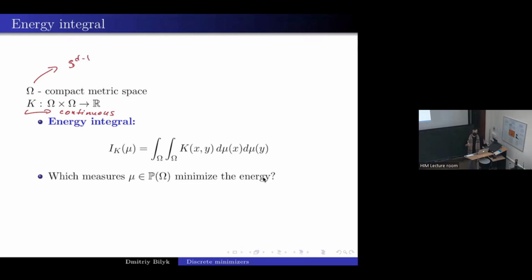If you put electrons on the sphere, you expect that they would locate themselves uniformly. However, as the title suggests, I want to talk about the other extreme case. There are some situations where all of a sudden minimizing measures live on much smaller sets, and in particular on discrete sets.